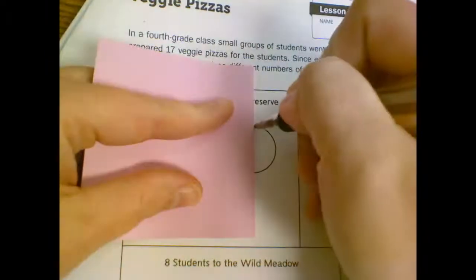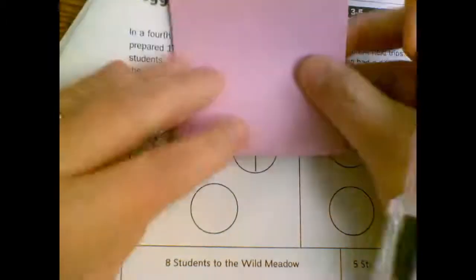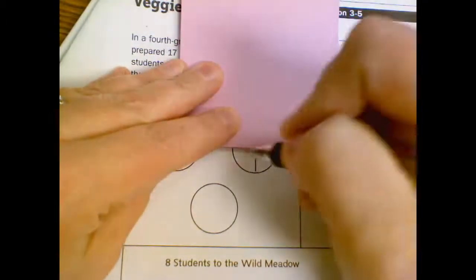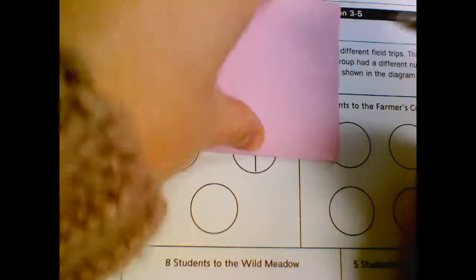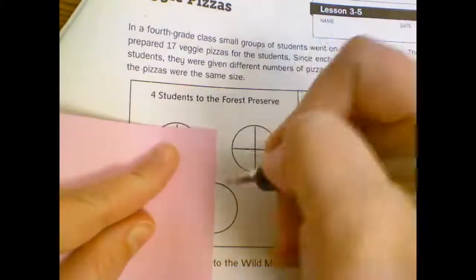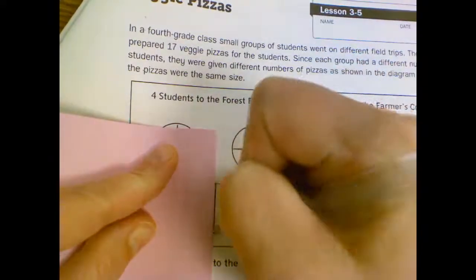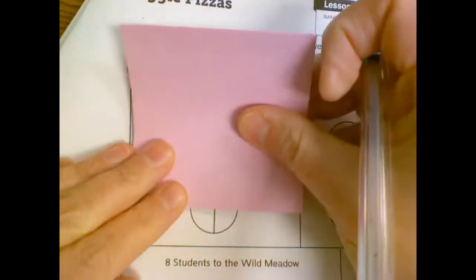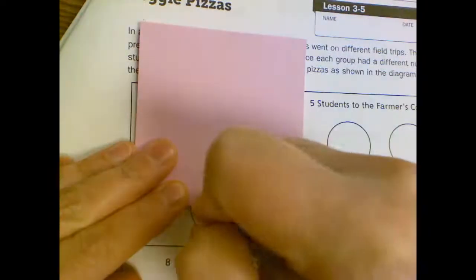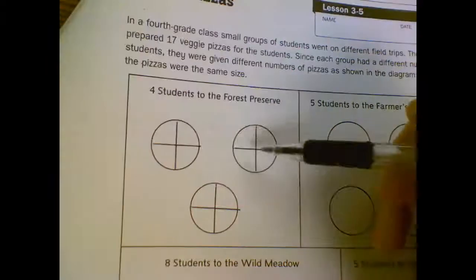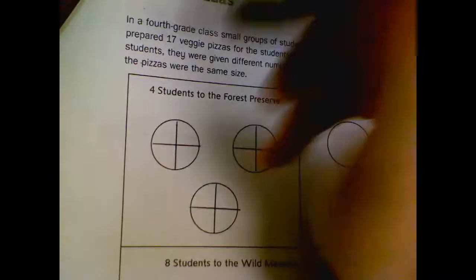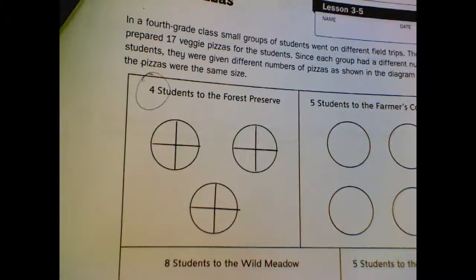Before we even get to the question, we're going to divide each of these pizzas based upon how many kids are going to be sharing them. So I divided these pizzas into fourths because there were 4 students sharing.